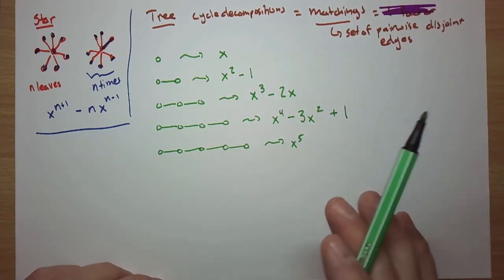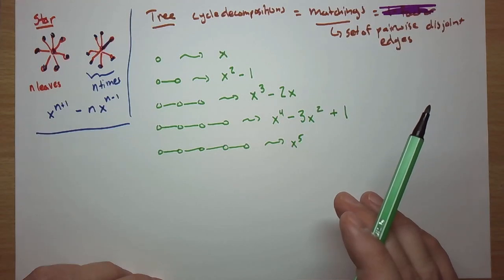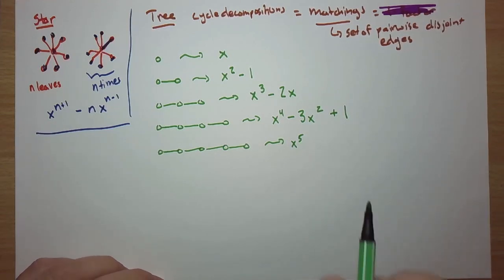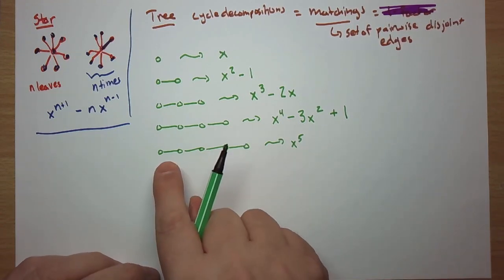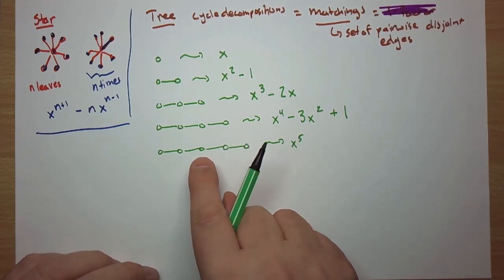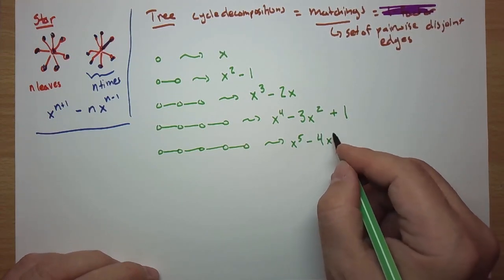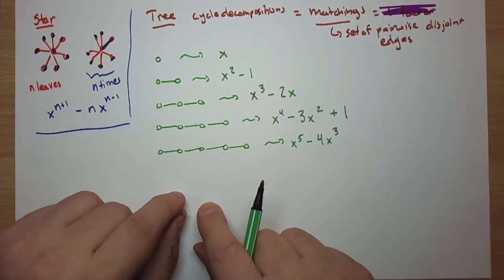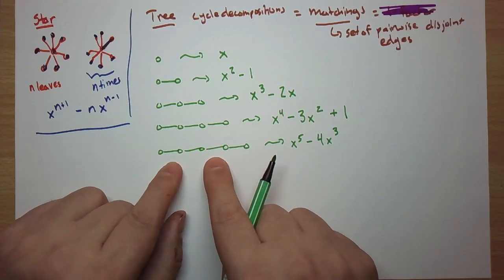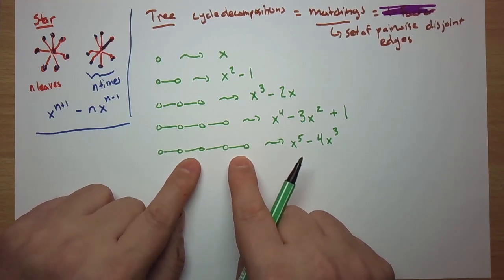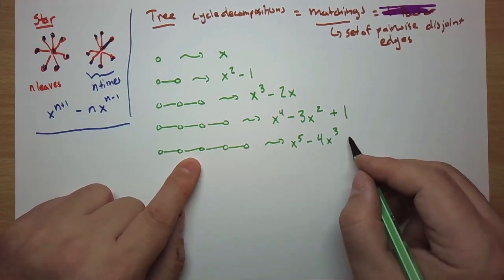Well, that's a consequence of being bipartite. So x to the 5th. How many ways are there to have one single edge in our matching? 4. So 4x cubed. How many ways to have 2 edges? 1, 2, 3. No, you're right, 3. And minus or plus?